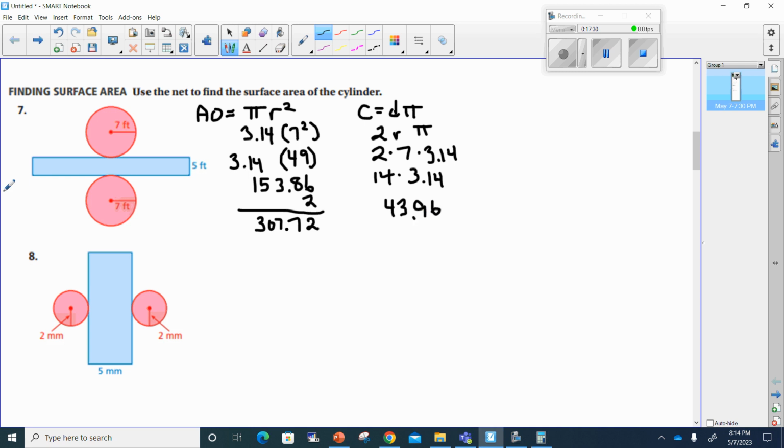Which means the length of this rectangle from here to here is 43.96. Okay, so we'll just put it up here, going all the way across.